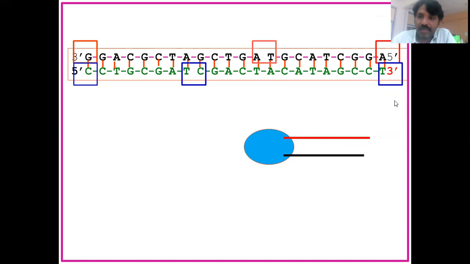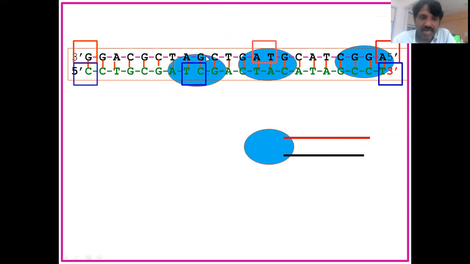That's what I want to illustrate with this figure.